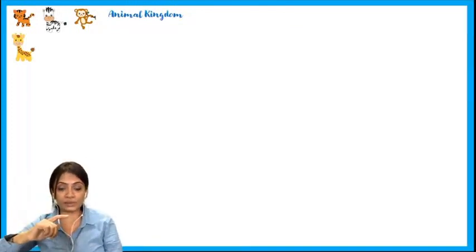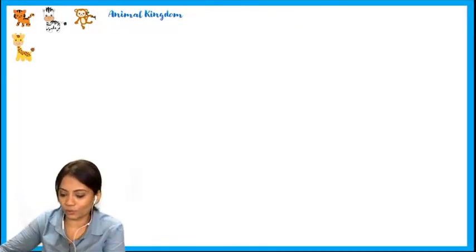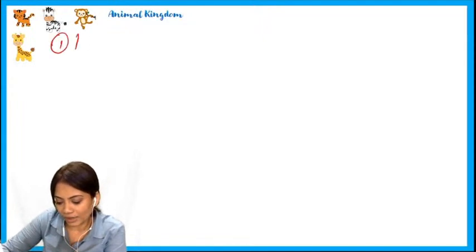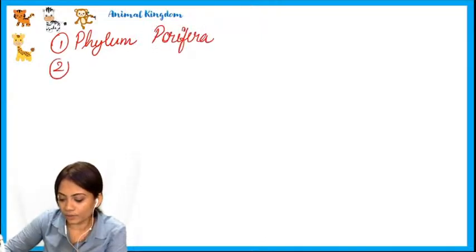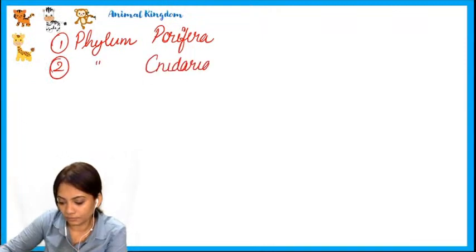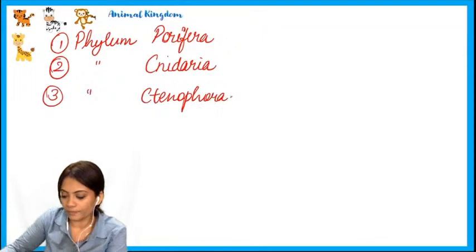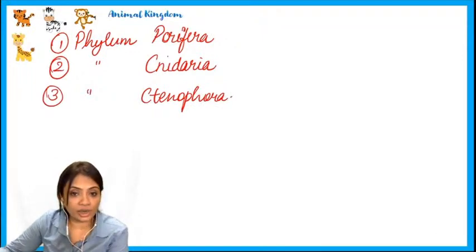The first one is phylum Porifera. Second, phylum Cnidaria. Third, phylum Ctenophora. Then these 3 are done.